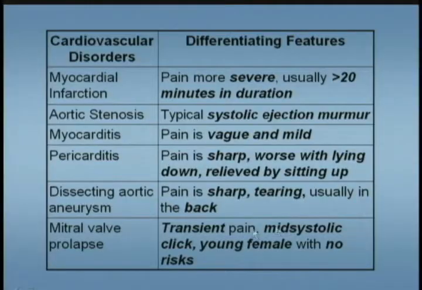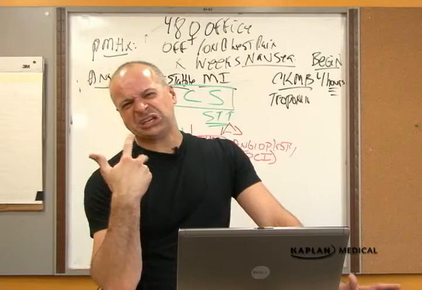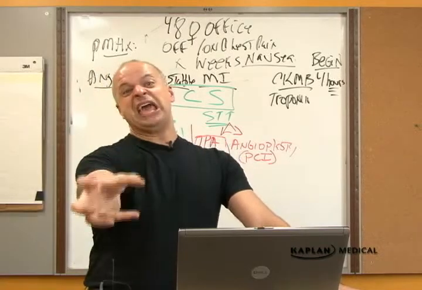Pericarditis. Dissection. I like that word, tearing. Somebody's having excruciating chest pain and you go, excuse me, would you call that more of a ripping, a tearing, or sort of like your soul being transposed and avulsed from your body?